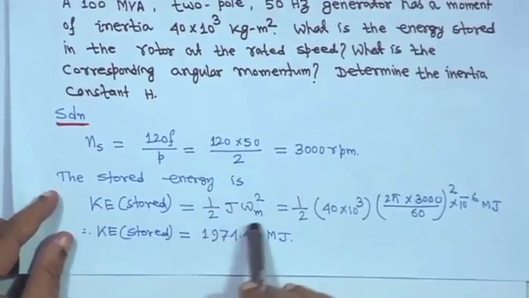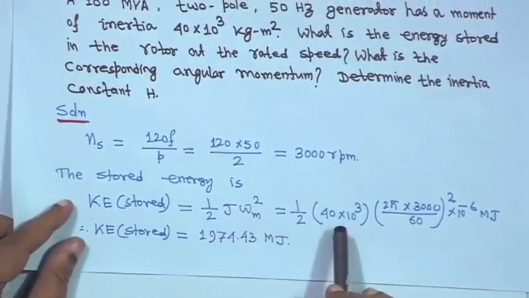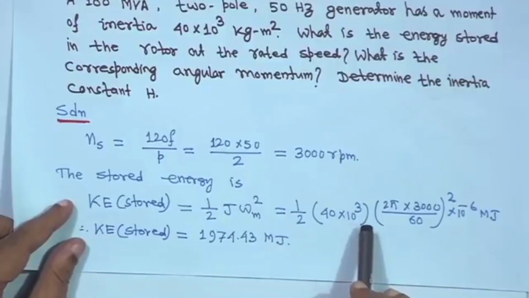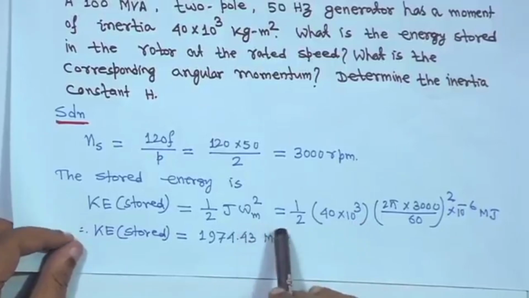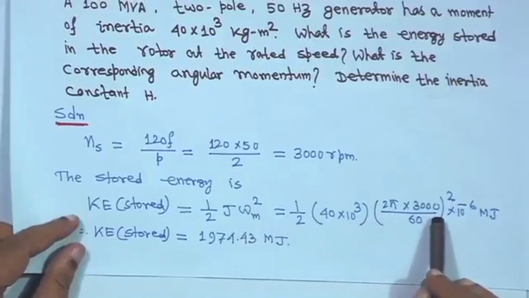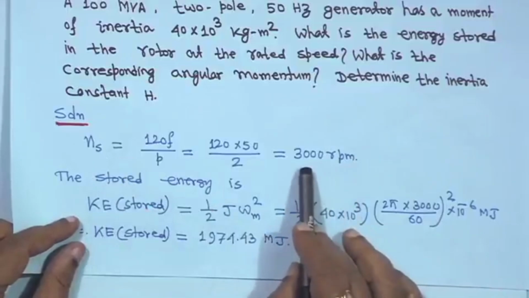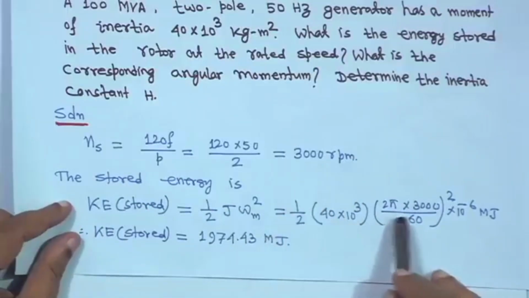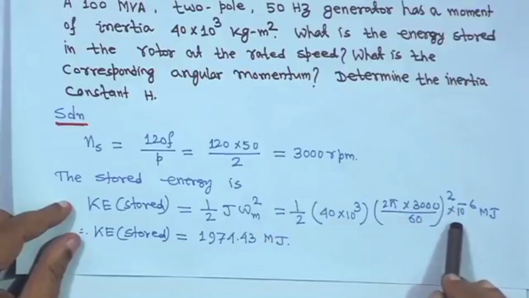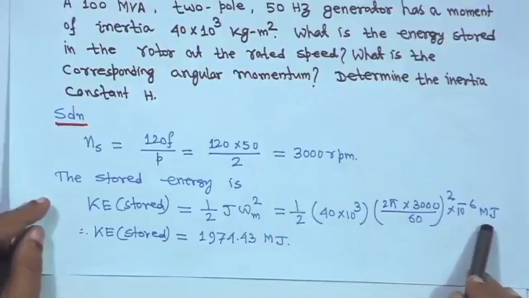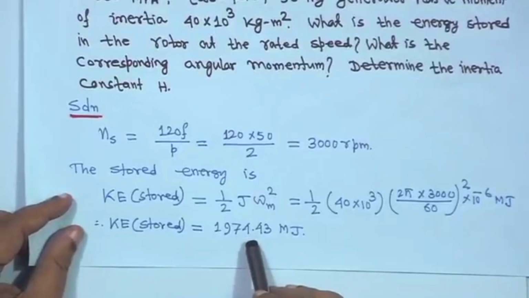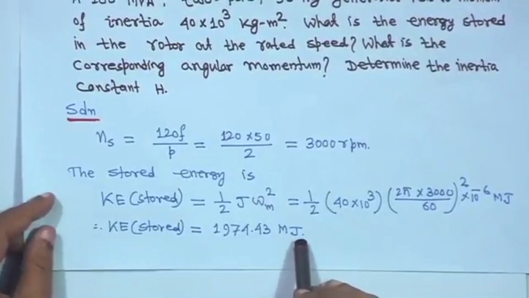Therefore, kinetic energy is half J omega square, that is half into 40 into 10 to the power 3, into 2 pi into 3000 by 60 whole square, into 10 to the power minus 6 megajoule. That comes to 1974.43 megajoule.